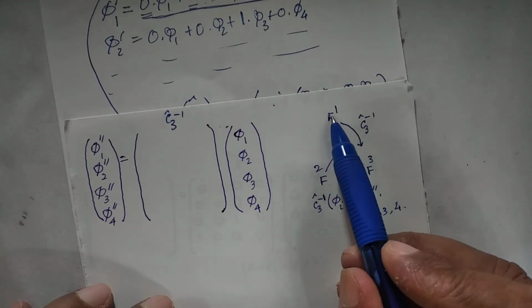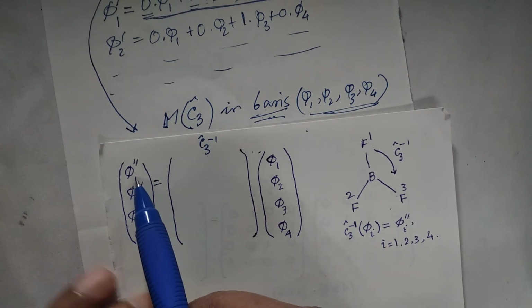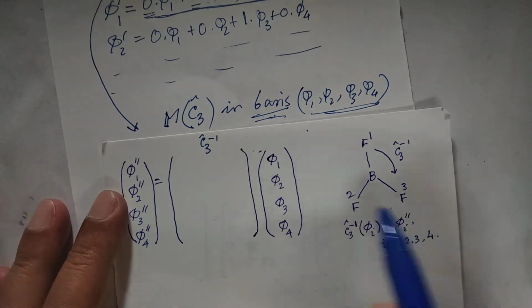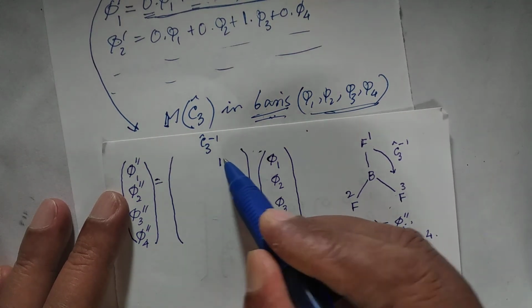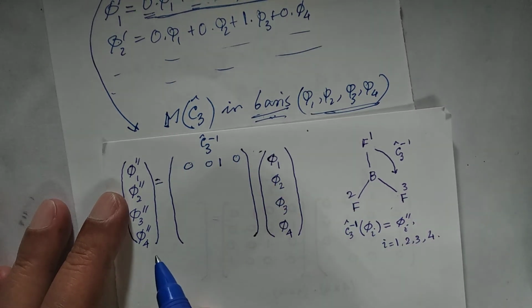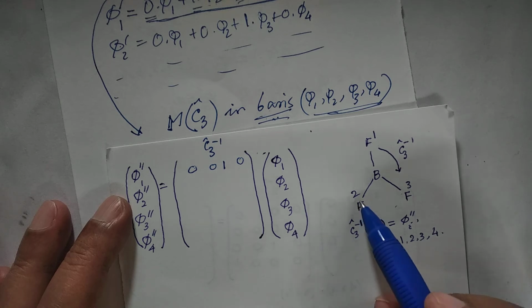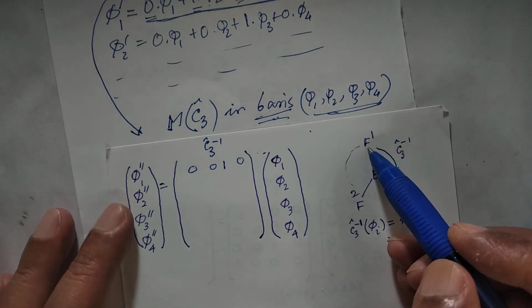So phi 1 becomes phi 3 by this rotation. So phi 1 double prime is equal to phi 3, and therefore in the first row we will write 1 in the third column and 0 in the first two columns. Similarly, phi 2 double prime on this rotation becomes phi 1.